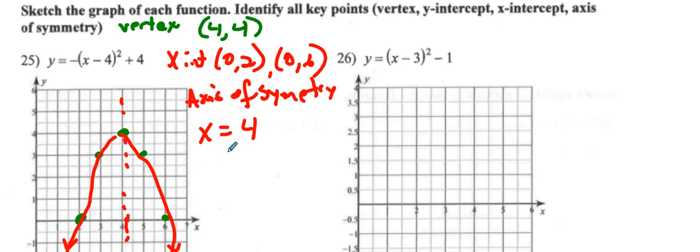And finally, the y-intercept is when x is equal to 0. So we kind of have to work this through. I'm going to plug that in. Negative, parenthesis, 0 minus 4 squared plus 4.